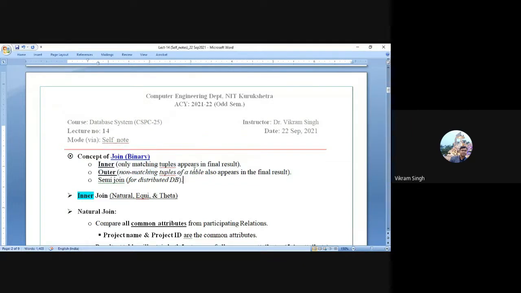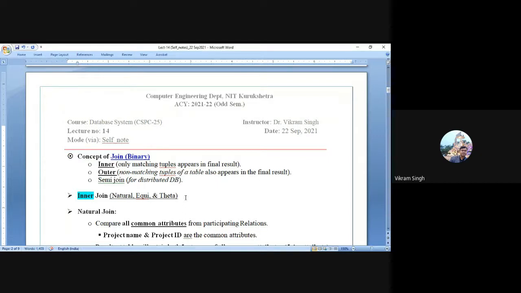So let's take the first obvious category, which is inner join. Inner join is about fetching all possible matching tuples between a pair of database tables listed in the from clause.